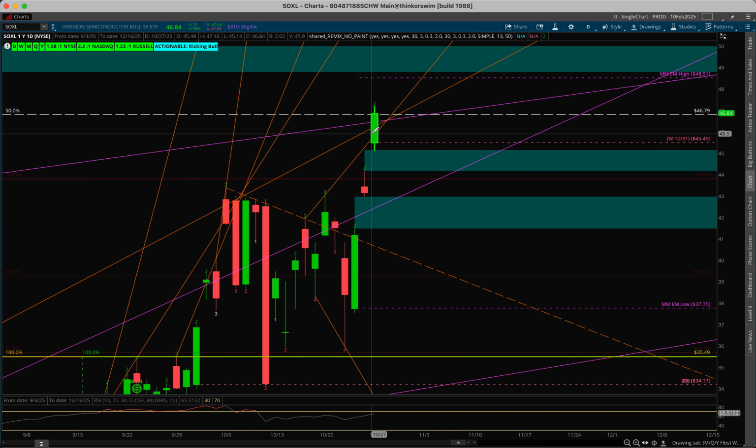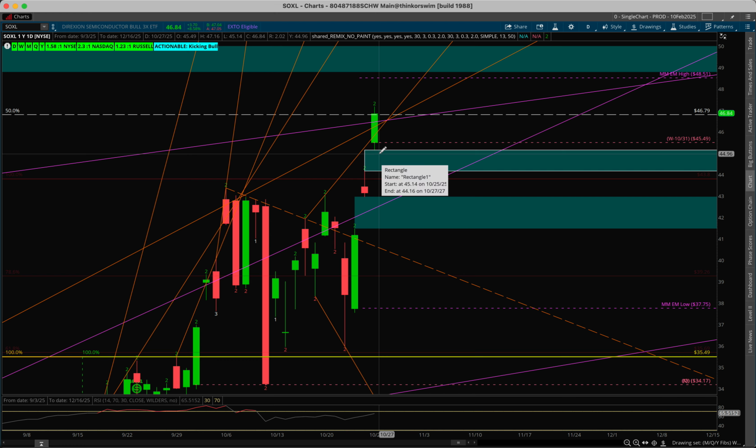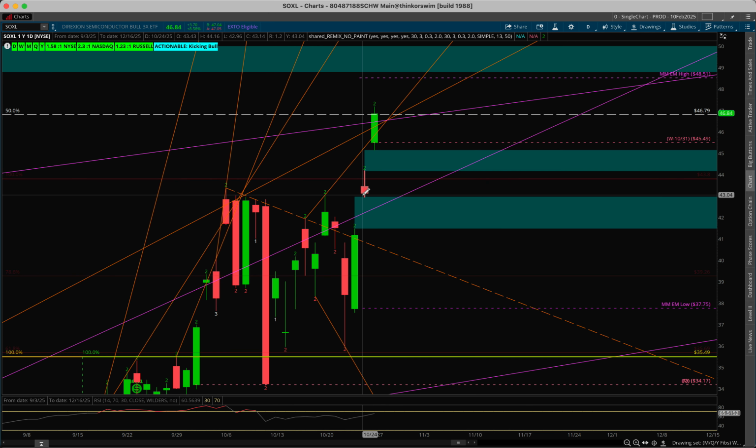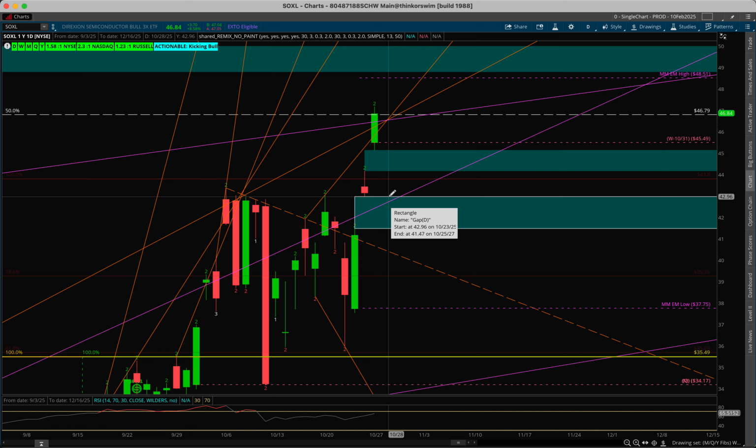So if we do get the pullback, and we do go below yesterday's low, that triggers a 2 up, 2 down. That would trigger at the low of today or low of Monday. And first target would be the gap close, obviously, but the full magnitude of that move would be to Friday's low, which is the top of another gap. So that gap could also want to get filled as well.